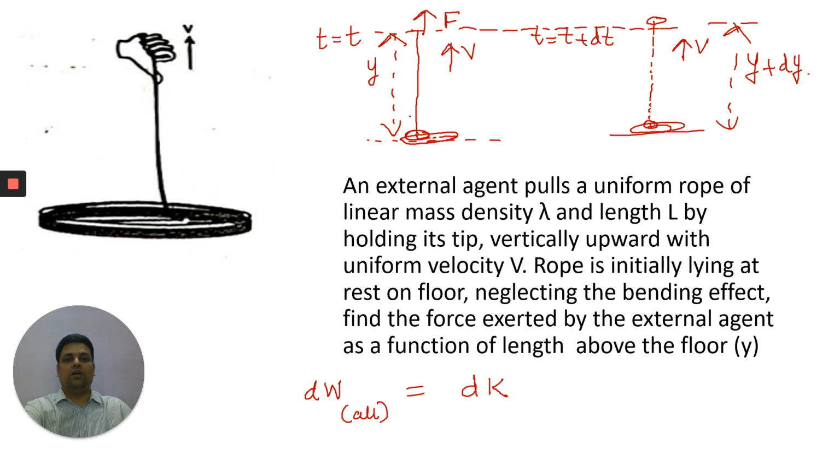A dy element was resting on the floor, and in a small interval dt you got the dy at the top. I'm just considering an equivalence here, because when the rope is pulled up, every element of the rope is moving up and every element's potential energy is increased. Instead of finding it for each and every element, it is simple: because the standing length y, in the previous and this case, is the same, their potential energies are the same. The only difference is caused by the dy, but the dy is raised to y.